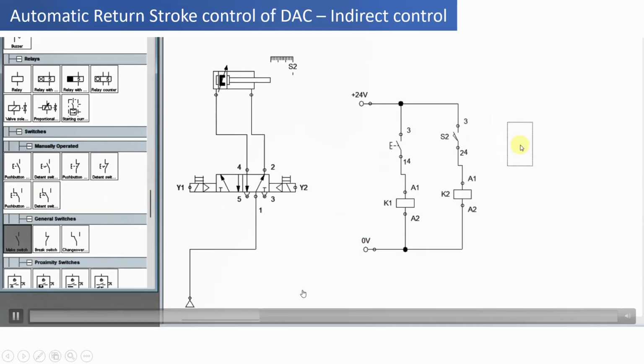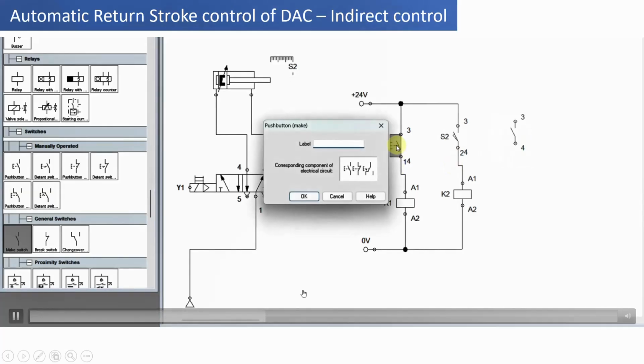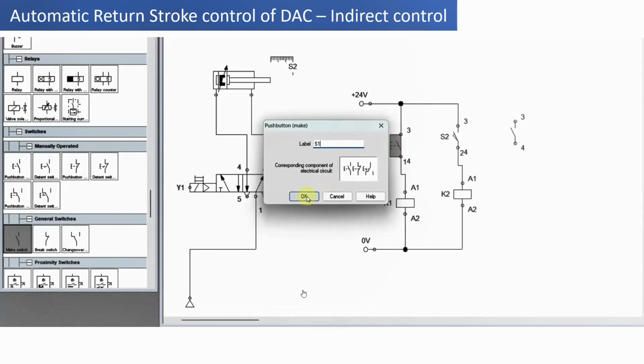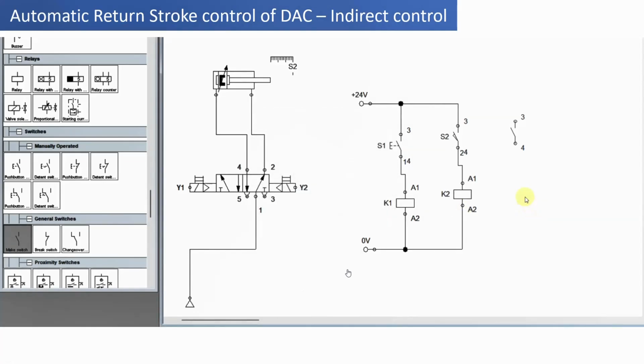Now the make switch is selected. Now label this particular first switch as S1, which is the starter switch for K1 as well as for the Y1. Select the another make switch.